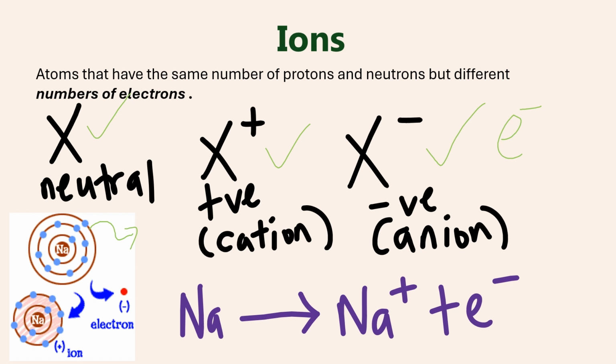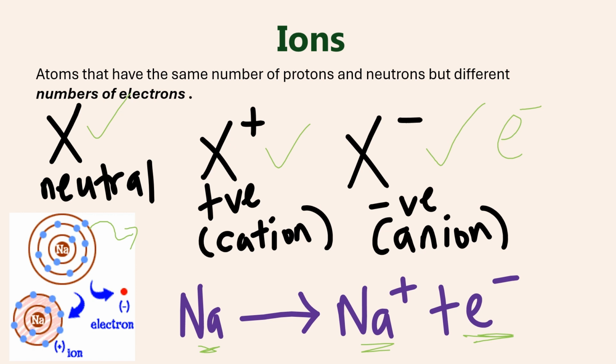If I lose 2 electrons, then I have a 2 plus charge. If I lose 3 electrons, I have a 3 plus charge. And so because of that, sodium went from being neutral, no charge at all, to losing an electron on the product side, and then sodium became positively charged by 1. You also have instances where the atom will gain 2 or more or even 1 electron.